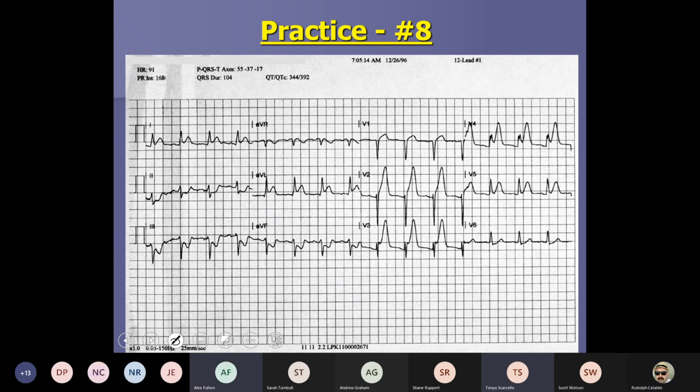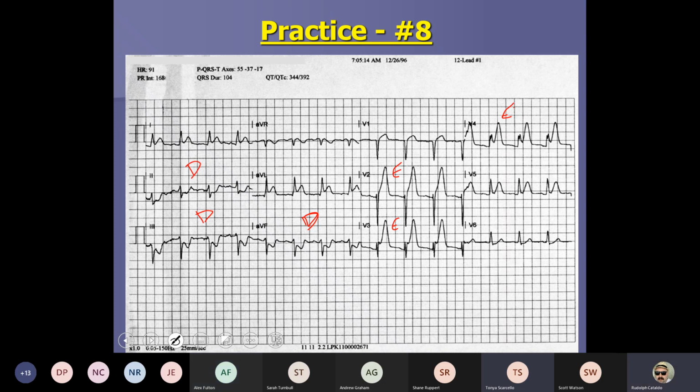V2 and V3. V2, V3 what? Elevation of V4. Okay. Where do I see depression? AVF. This is a scary one. Okay, AVF. Lead 3 and lead 2. Okay.